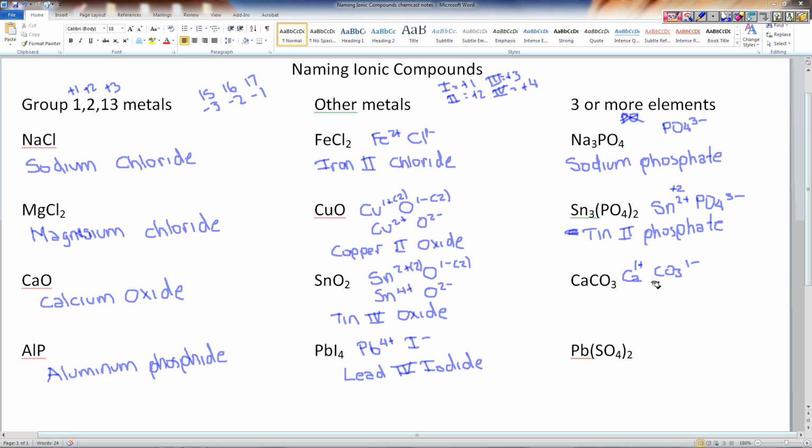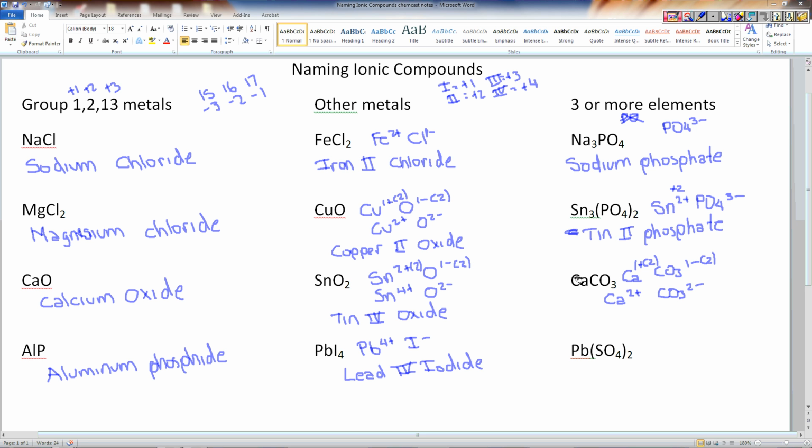Alright, so for this one, we know CO3 is actually a negative 2. So that's 2. We have to multiply by. Same thing with this. So this becomes Ca 2 plus, CO3 2 minus. Notice I did not touch that bottom number. Not that I really need to do this.